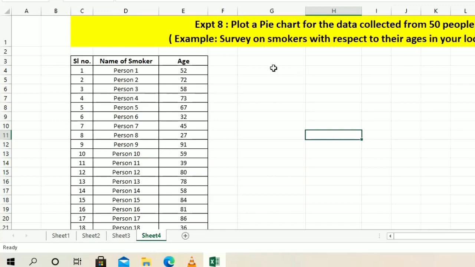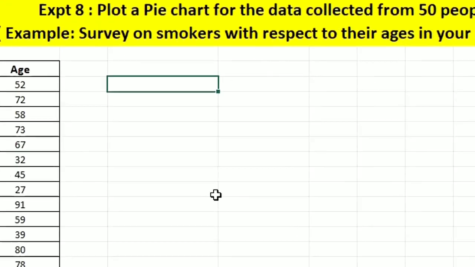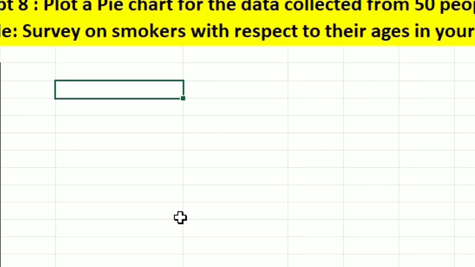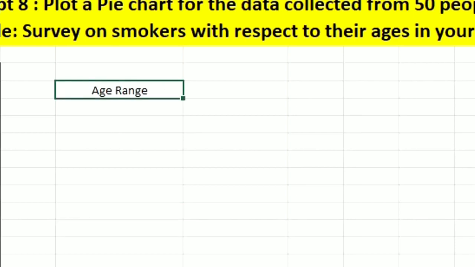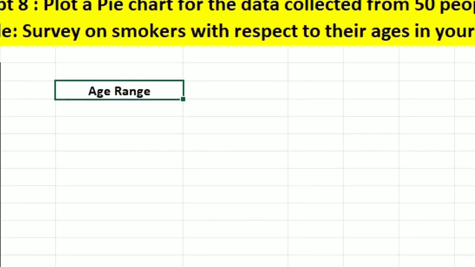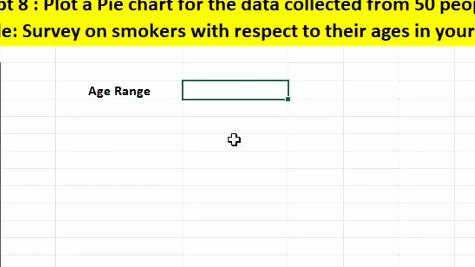So next, beside it, first I need the age range. So type here age range. After this age range, I need the upper limit. So I'm going to type upper limit.